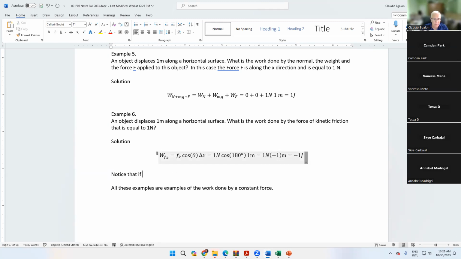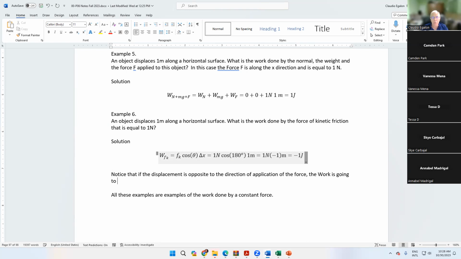Note that if the displacement is opposite, right, to the direction of application of the force, the work is going to be negative, okay?